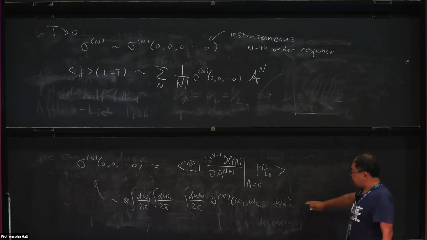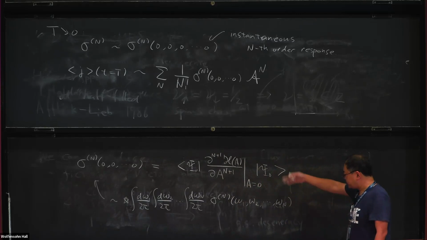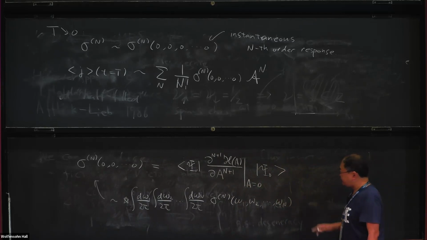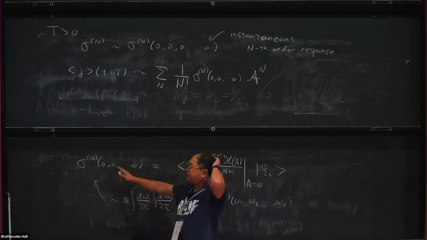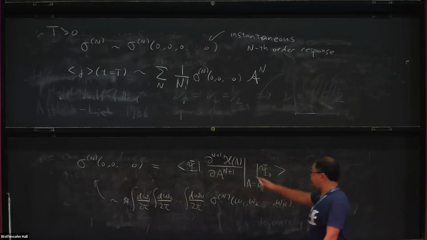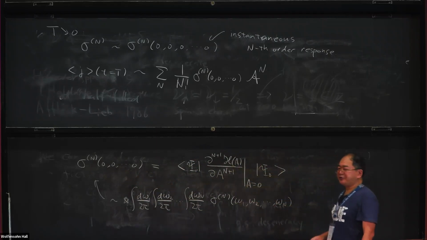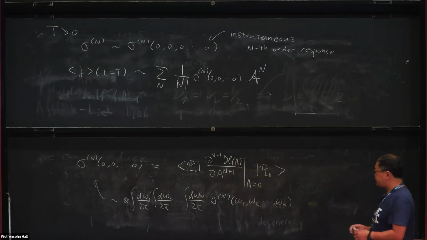So this tells you that, okay, for n equals 1, this is a linear conductivity, but for general n, this is a nonlinear AC conductivity as a function of n frequencies. And if you integrate over all the frequencies, then this corresponds to instantaneous nth order response, which is given by this simple expectation value. And this is valid for any Hamiltonian.